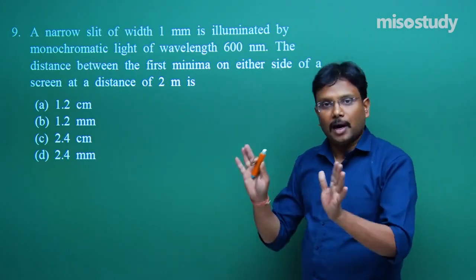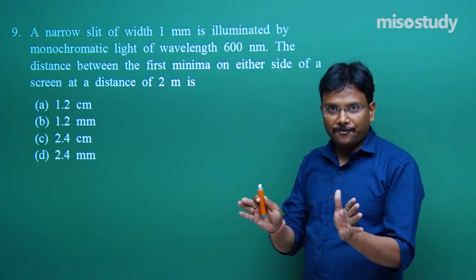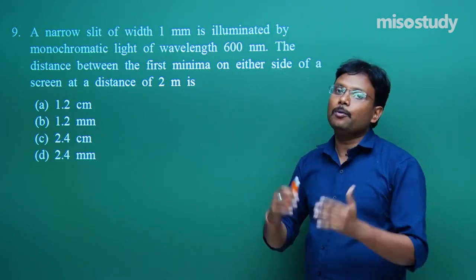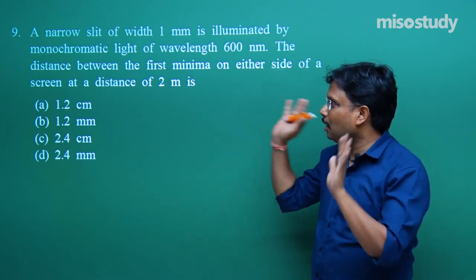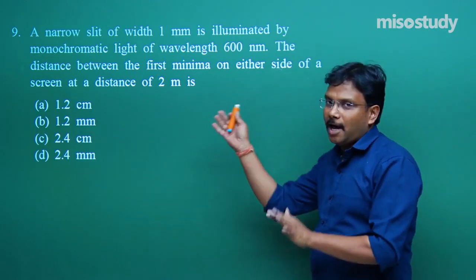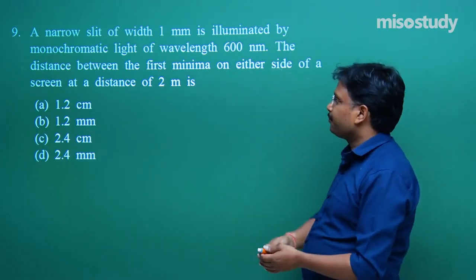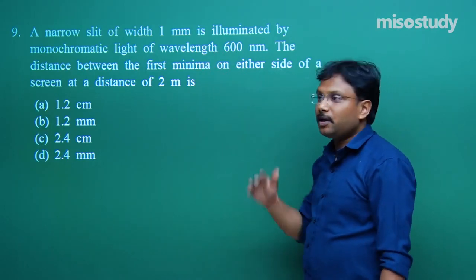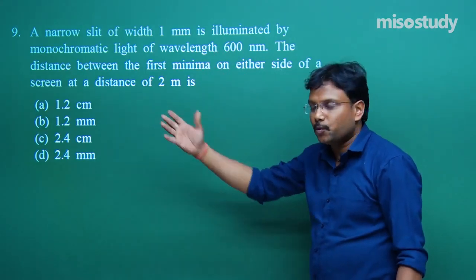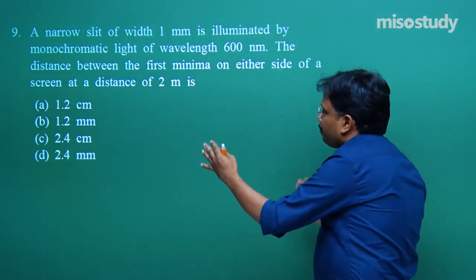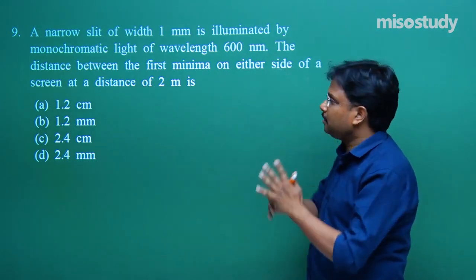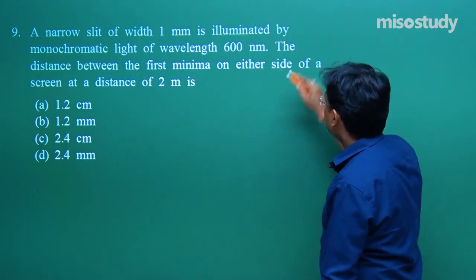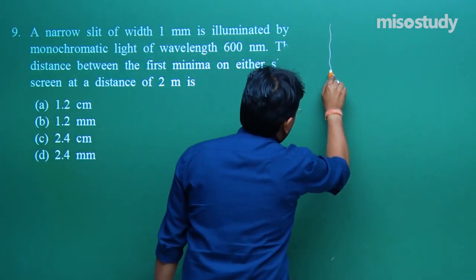Pause this video and try yourself. After some time, rerun the video, match your answer. Fine. Now, come back. Why I am saying so? Because in this question, whatever I explained in just previous question, you can say beautiful application of that concept only. Fine. Let us try to translate this question.